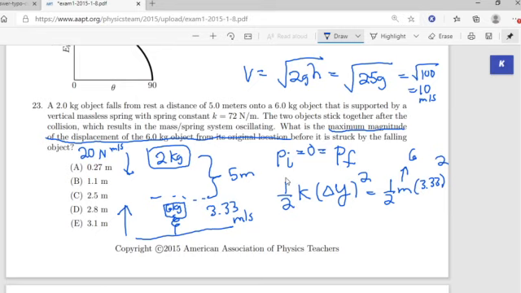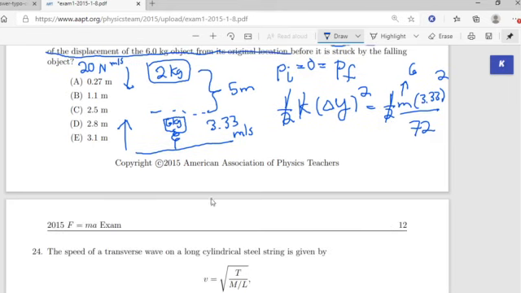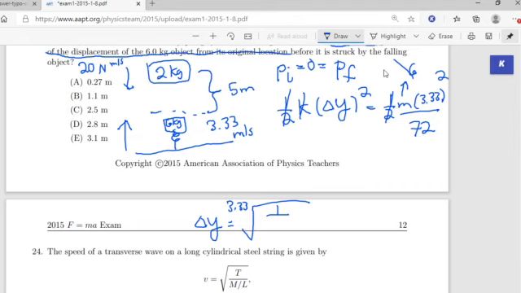We can get rid of the 1/2, divide by k, which they say is 72, and take the square root. So delta y is 3.33 times the square root of, well, we can reduce this to 1/12.